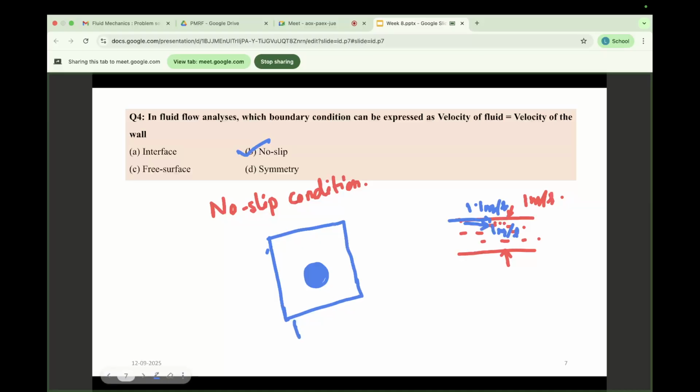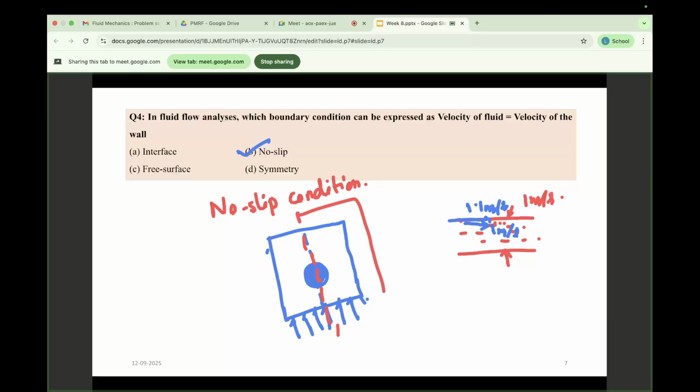You are providing equal velocity throughout this region. If in a simulation I have to do this, I just separate this into two parts. That's a symmetry boundary condition.